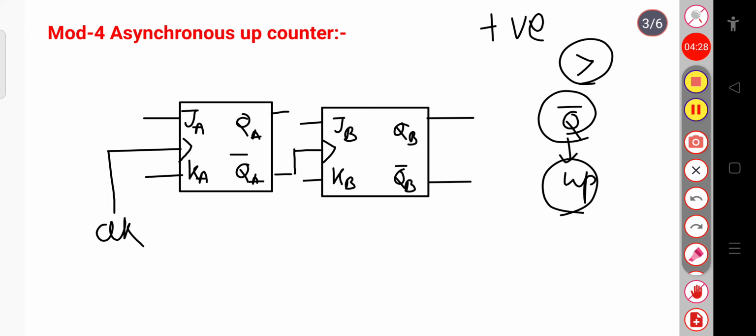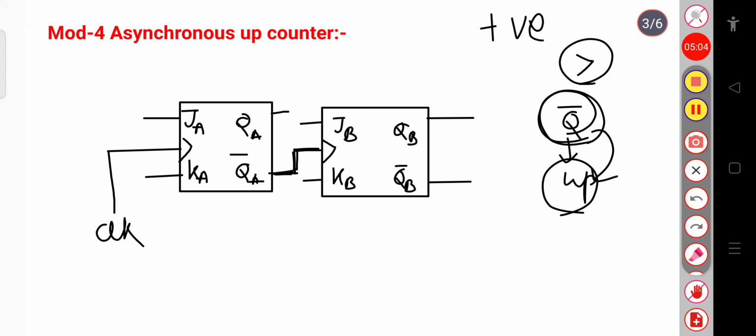Now in case of the asynchronous counter, we know the clock pulse is not simultaneously given to every flip-flop. Only the first flip-flop is given the clock pulse, and the output of the first flip-flop will be given to the second one. When this Q bar is connected to the second flip-flop clock, it is called the up counter.